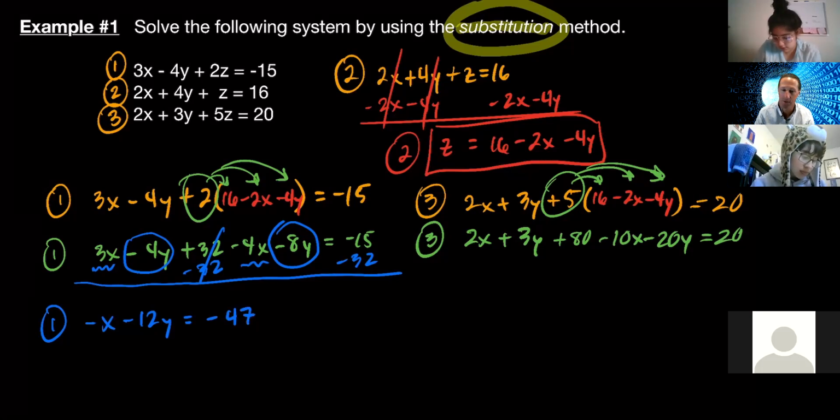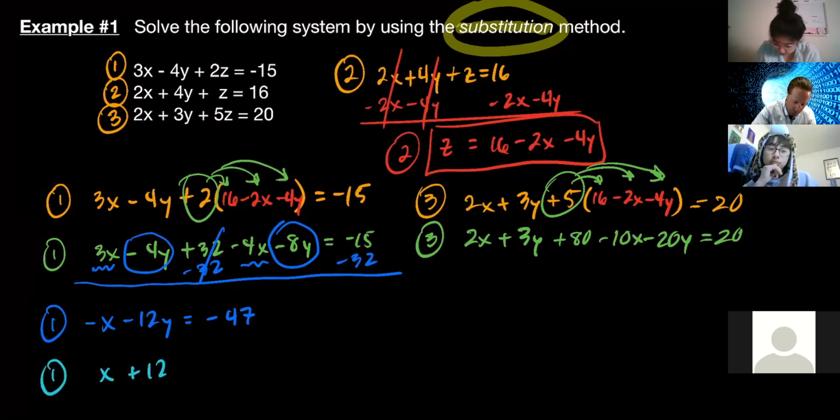Now it's a lot of negatives, and I don't like negative things. So in this case, because I can, I'm going to multiply this equation all by a negative 1, the whole thing. And that would give me a new blue equation of x plus 12y equals 47.